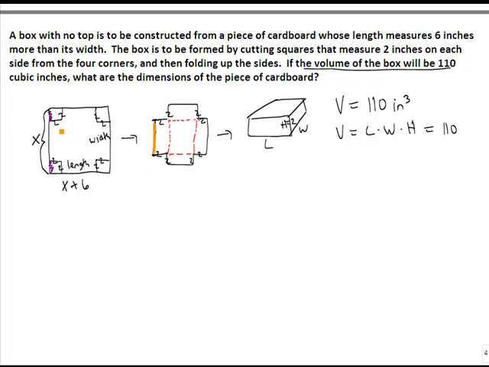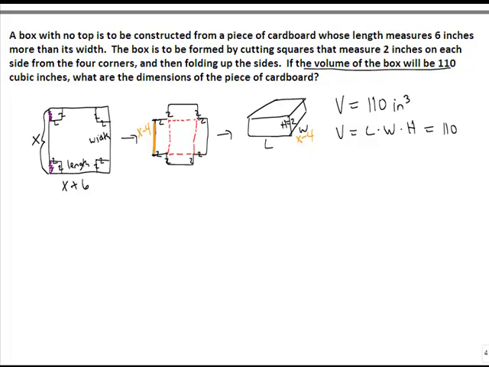So how do we go from the original x down to this little orange length right here? Well, it's the original x minus 2 and minus 2 more, 2 from the top and 2 from the bottom. So this new length is x take away 4. So the width is x minus 4.